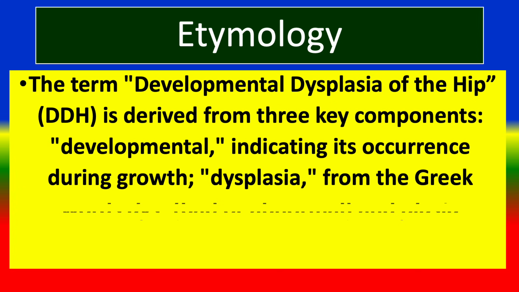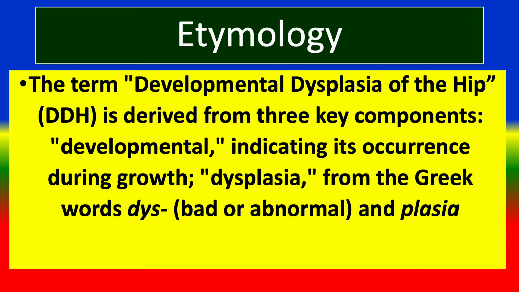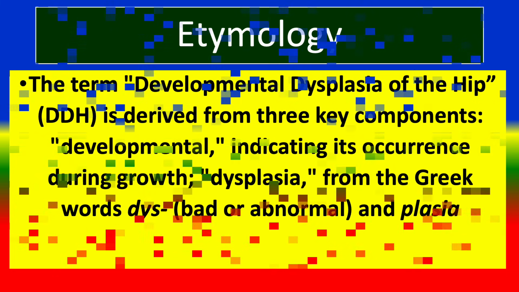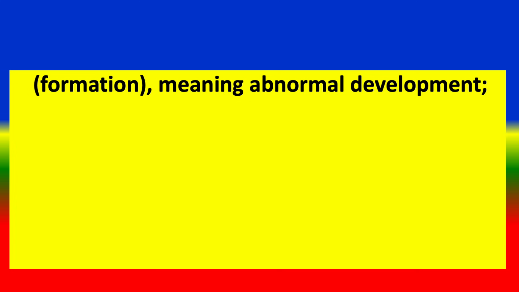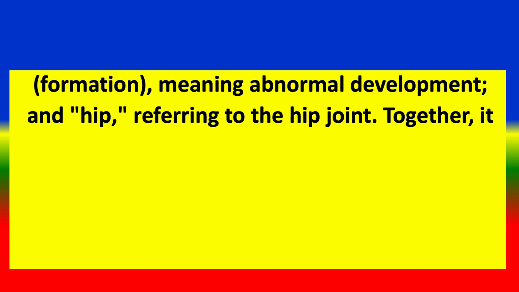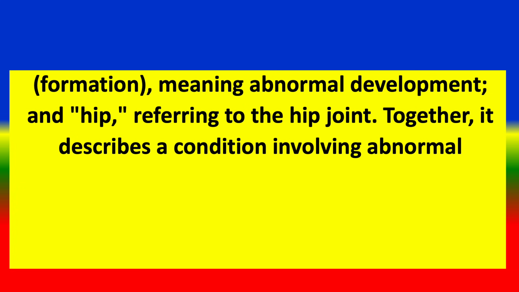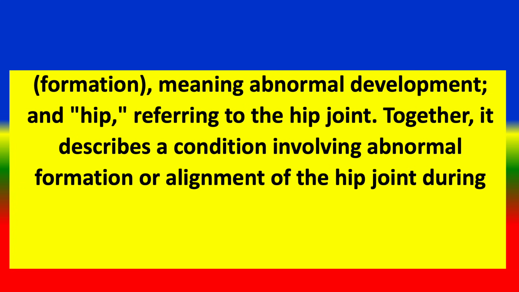Dysplasia, from the Greek word dys, bad or abnormal, and plasia, formation, meaning abnormal development. And hip refers to the hip joint. Together, it describes conditions involving abnormal formation or alignment of the hip joint during development.